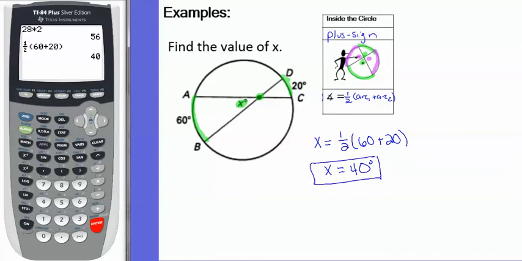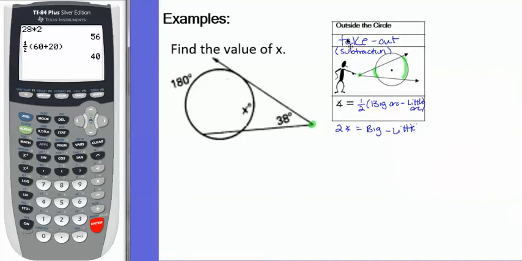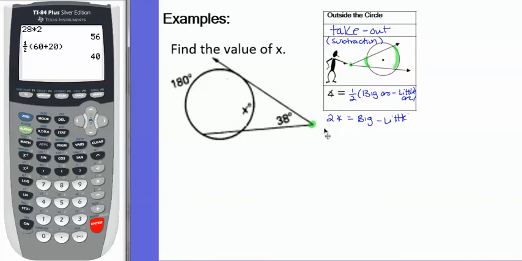Let's look at our next example. I'm asking myself, where's the vertex? It looks like it's outside the circle. So if I look at what I wrote down here, I'm going to set up my equation now. I'm going to also shine my flashlight from the 38. And I'm going to say I go as far away as possible. I get 180.